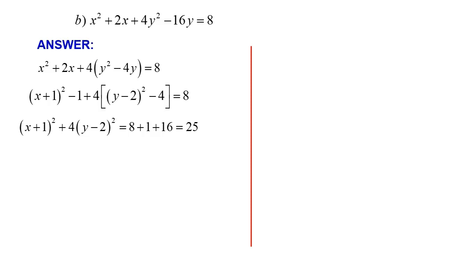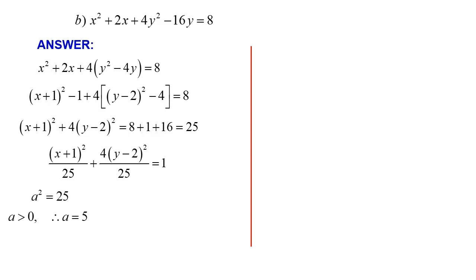So lastly we divide the left hand side all by 25, so the right hand side will become 1. So here over 25 and here is 4 over 25. Okay, so from here the value of A is 5, because A squared is 25. And then for B, be very careful with this one. The value of B squared is not 4 over 25, but it's actually 25 over 4, because we read below here.